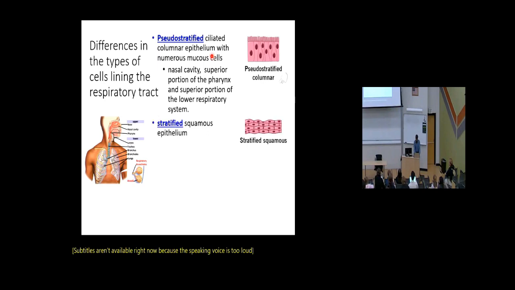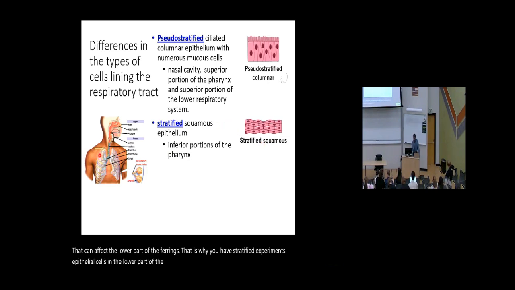Well, we find that the inferior portion of the pharynx is going to be shared by the digestive system and the respiratory system, and so that is why you need to have stratified squamous epithelial cells which offer protective function, because if you were to drink something hot or acidic, that can affect the lower part of the pharynx. That's why you have stratified squamous epithelial cells in the lower part of the pharynx.